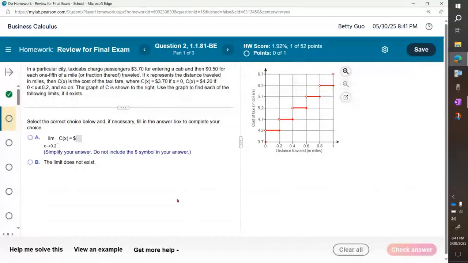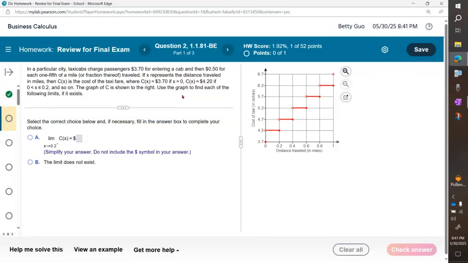Second question. In a particular city, taxi cabs charge passengers $3.70. I think you can take time to read this question, but mainly we need to understand the graph of the function. The function here is the cost, the taxi fare, and the function is c of x.